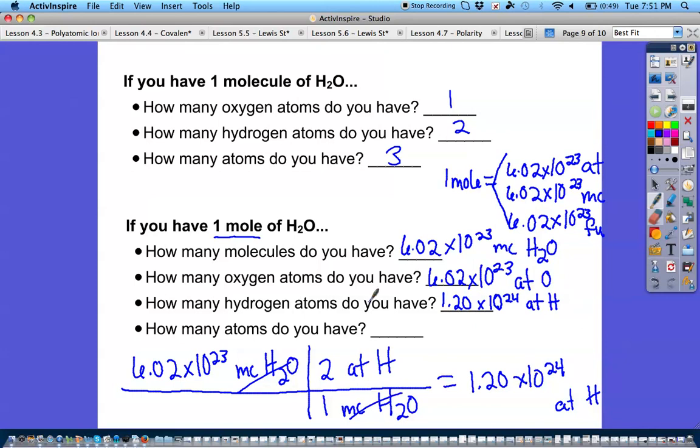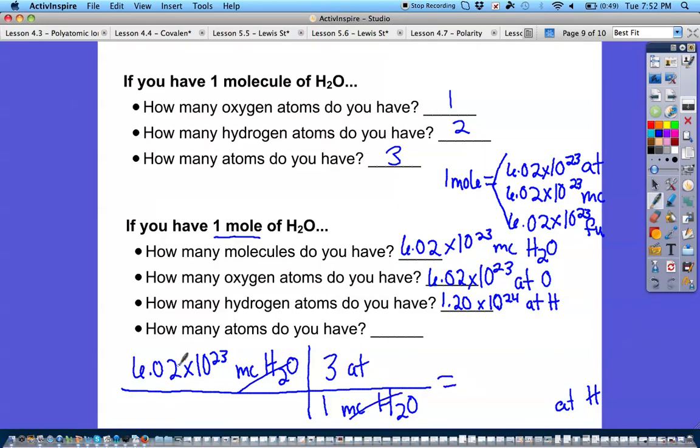So for our third one, there's a couple of ways that you can work this. You can either add 6.02 times 10 to the 23rd plus 1.20 times 10 to the 24th, or you can change this yet again, and we said that there is a total of 3 atoms.